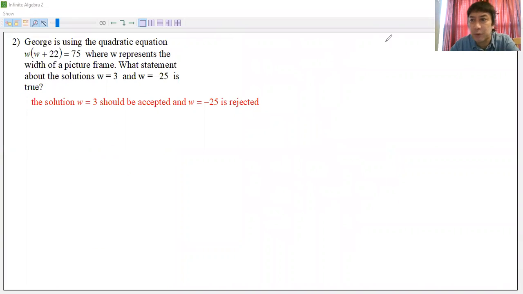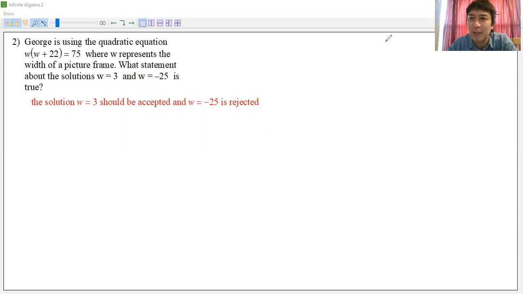All right, so just remember, if you are computing something about a physical object that contains some dimension, the computed value must be positive. If ever you encounter a negative number as your answer, that should be rejected.